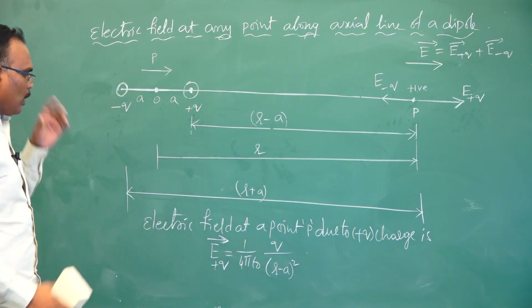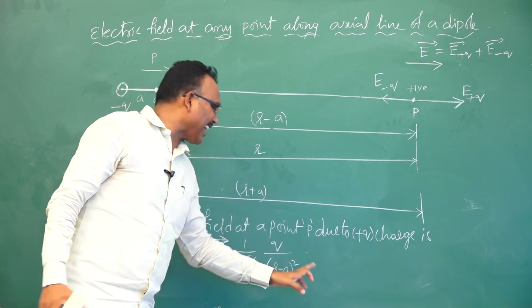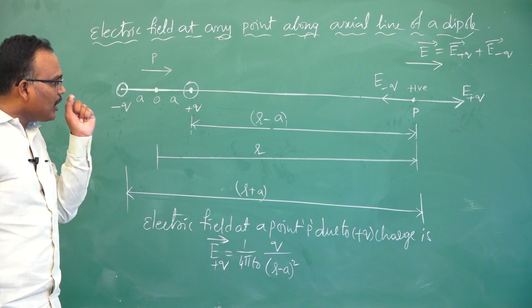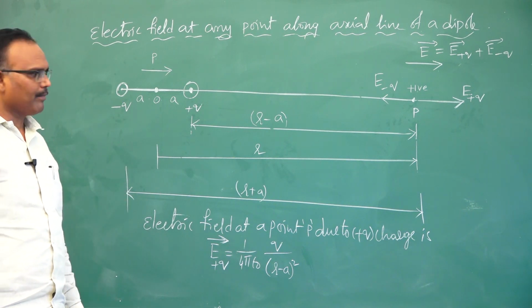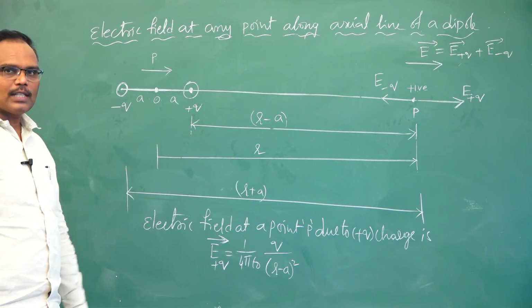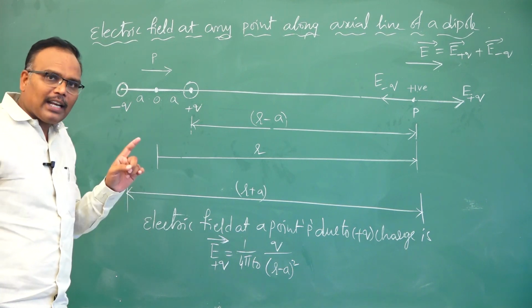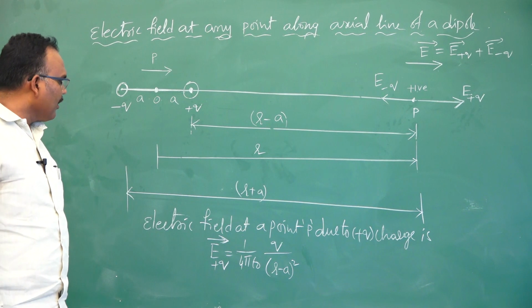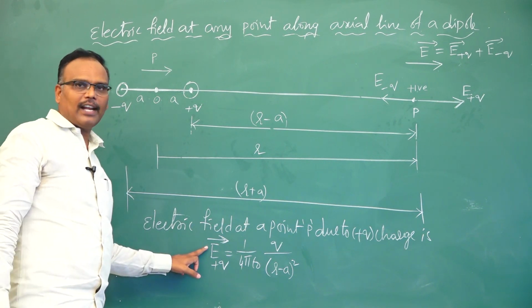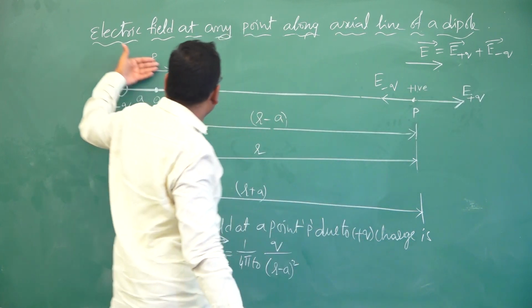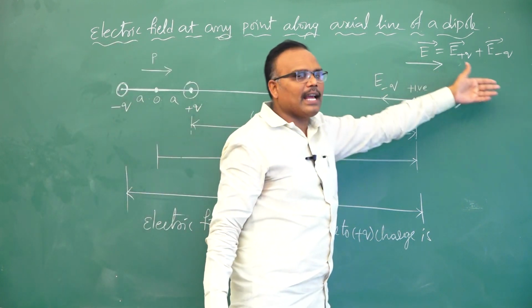I want to convert this magnitude into a vector. I need to multiply with a unit vector. See which unit vector I have to multiply. That you should know, that is very important. I can multiply the unit vector of any physical quantity which is in the direction of electric field. See, here electric field is in this direction. Here dipole moment is also in the same direction.